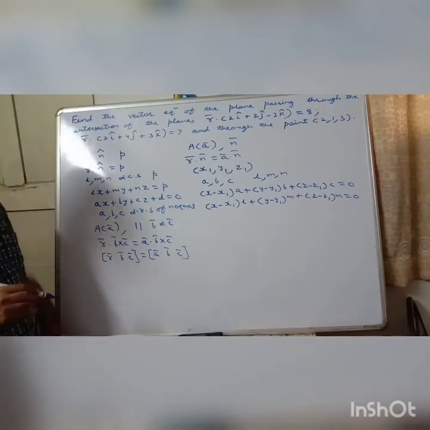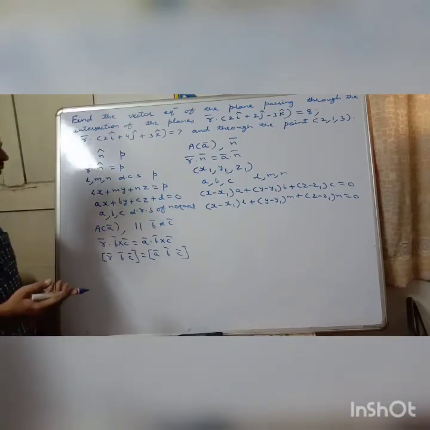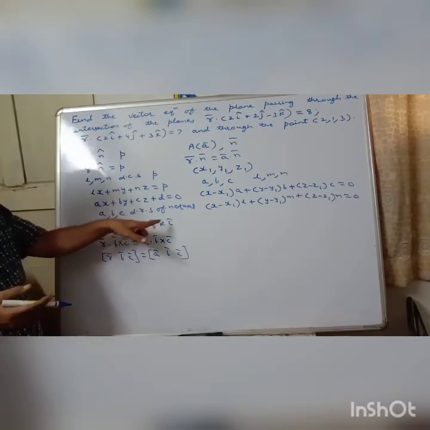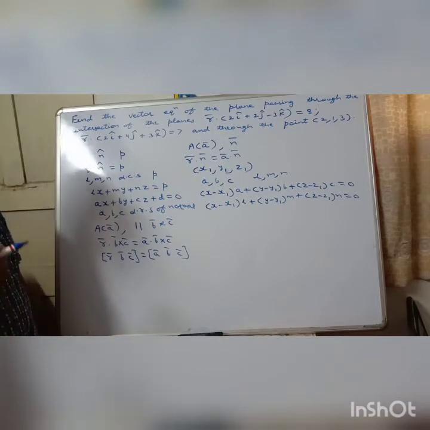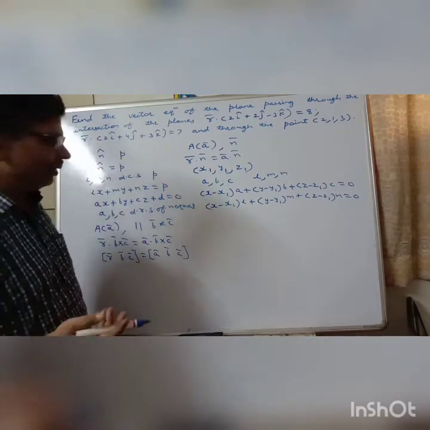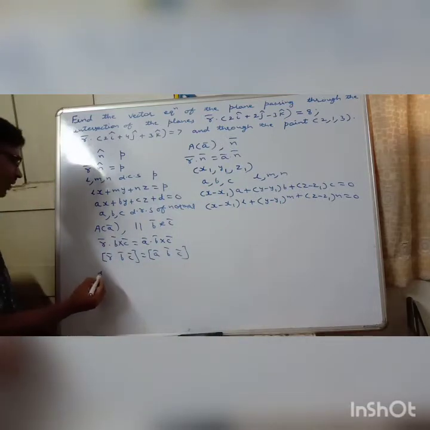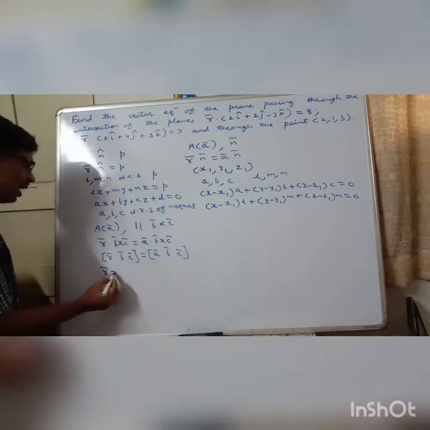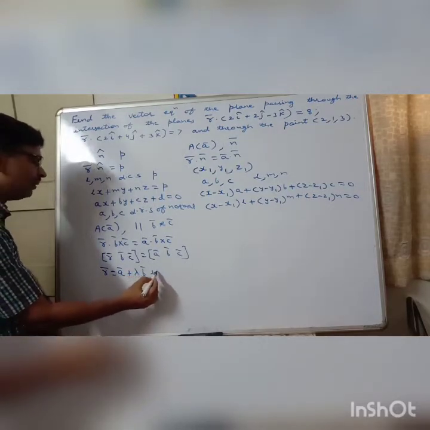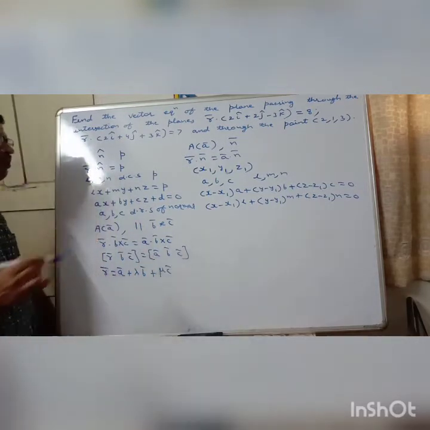Now same equation of plane can be written in another form, in vector form only. But here B bar and C bar, they are parallel to the plane. A bar, position vector of point in the plane. Then equation of plane can be written R bar equal to A bar plus lambda B bar plus mu C bar.